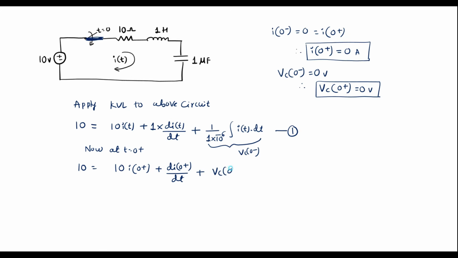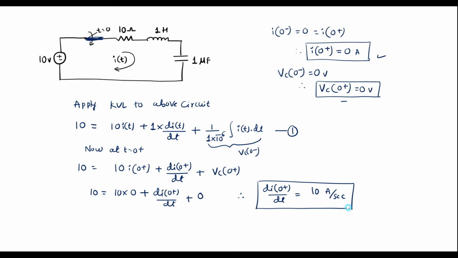Simplifying further, 10 is equal to 10 into i of 0 plus, which is 0, plus di of 0 plus by dt, plus Vc of 0 plus, which is 0. Therefore di of 0 plus by dt is equal to 10 ampere per second.